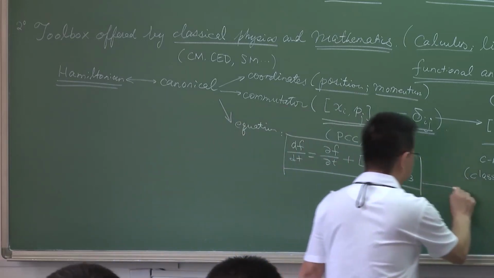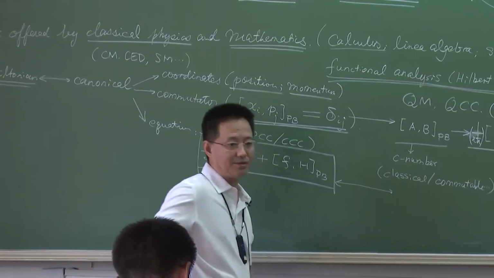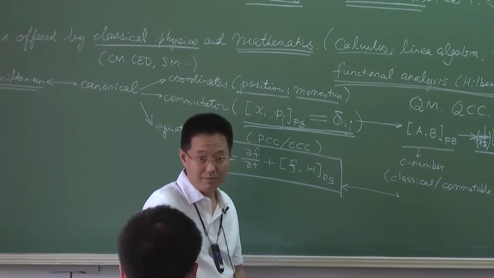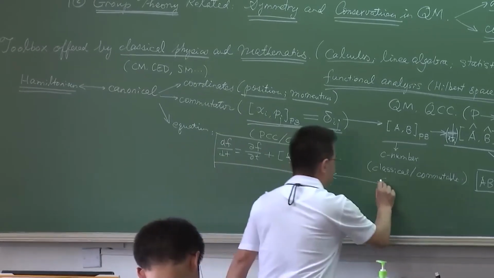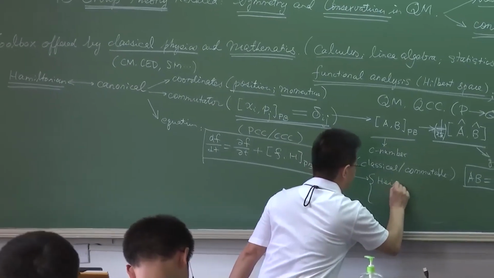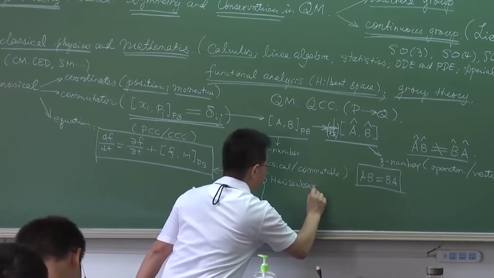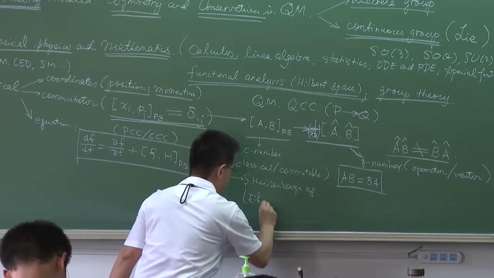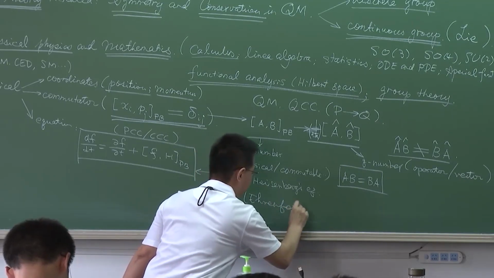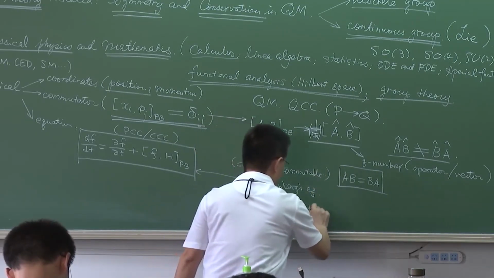And this equation can be generalized to quantum mechanics also. We have two similar equations in quantum mechanics. One is called the Heisenberg equation. Another is the Ehrenfest equation or theorem.